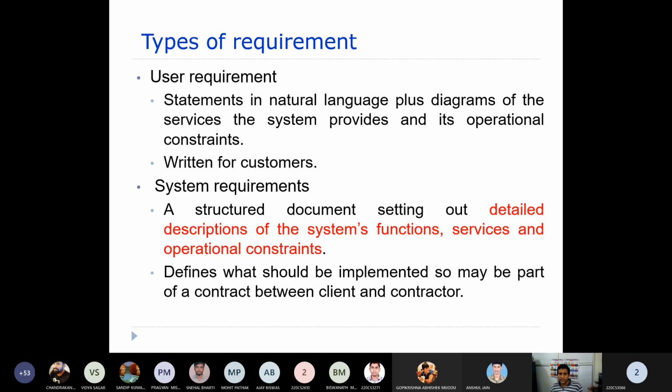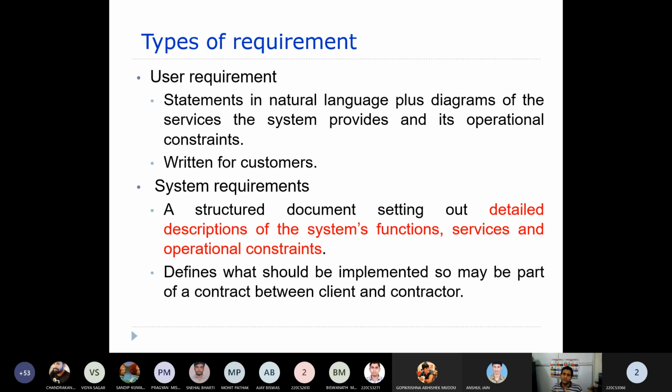Now the system requirement is a very structured document. That means you will have a certain number of sections and subsections, so the document is well organized. Whereas the user requirement gives natural language simple statements of the services, here we provide a detailed description of the system functions, services, and operational constraints.